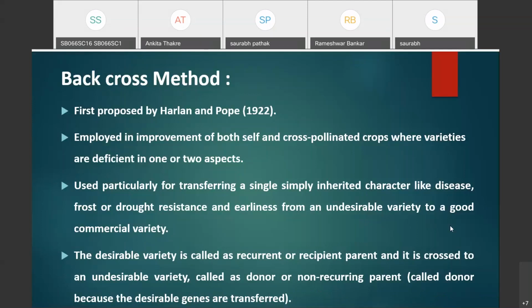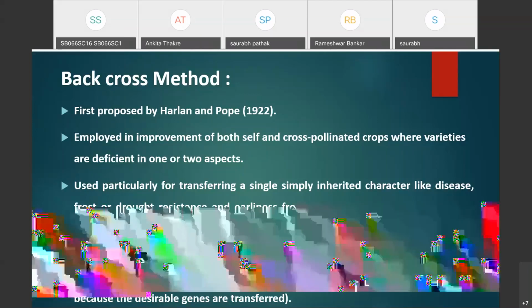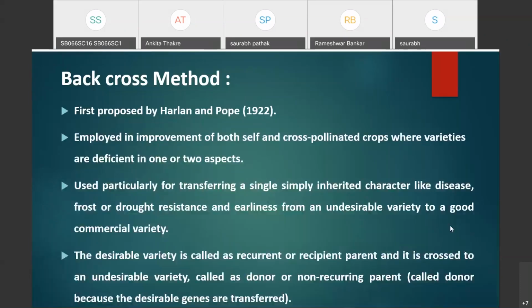The undesirable variety is called the non-recurrent parent, and also the donor parent, because the desirable character is to be transferred from this parent into the commercial variety.